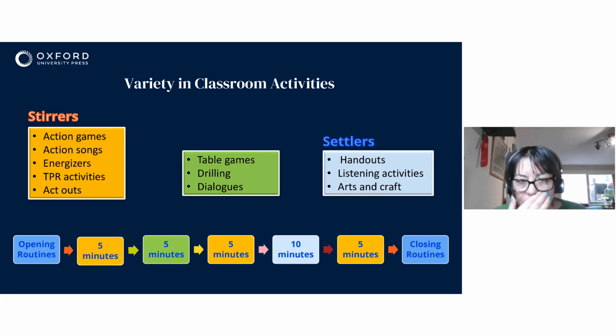You'll notice here, the first thing that I'm pointing out is the variety of classroom activities that we see. And our very, very young learners need this variety. We need stirrers, things to get them engaged, things to energize them, things to get them ready.